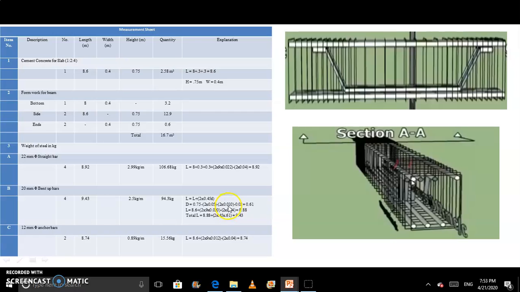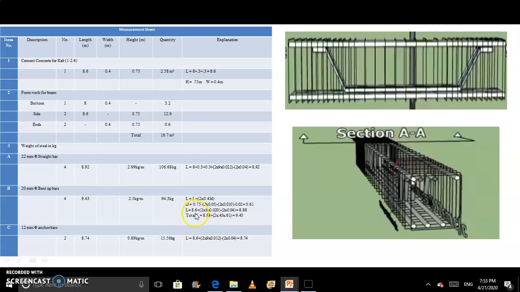That's why here we deduct 2 into 0.010, minus 0.02. Why? Because these bars are also included, these bars. So from both sides these bars come, and these bars are 20 mm dia. So we have to take half from that side, half from that side. That's why here we subtract a single bar in total. So we get 0.61 as the answer.